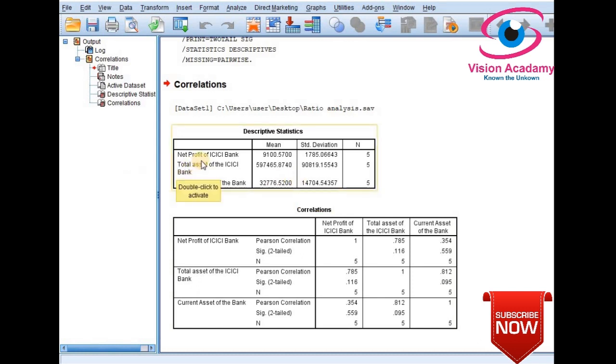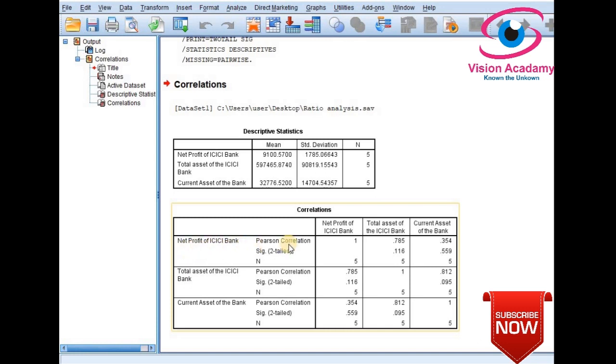Look here, the mean of net profit of ICICI Bank is 9,100 and standard deviation is 1,785, and likewise for total assets and current assets. Let us concentrate on correlation.